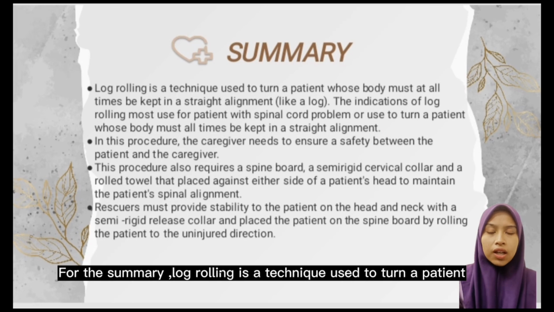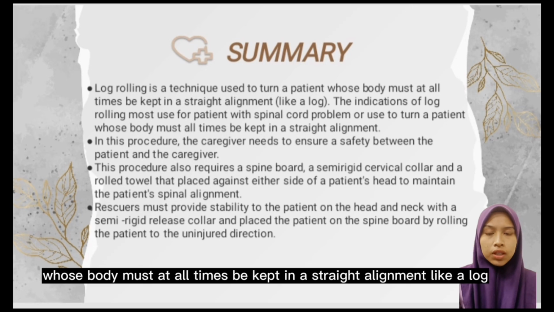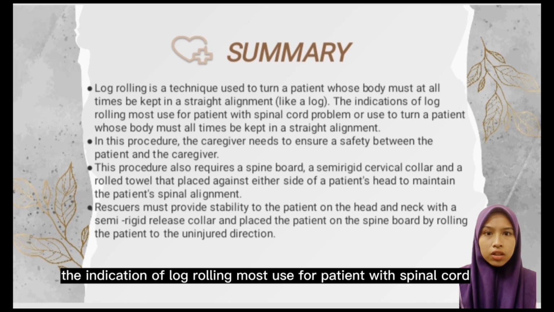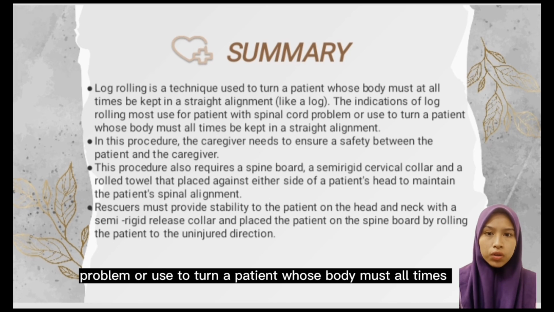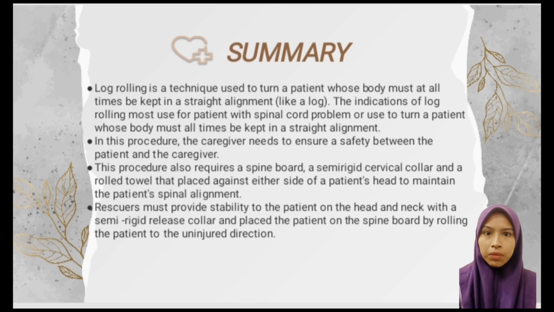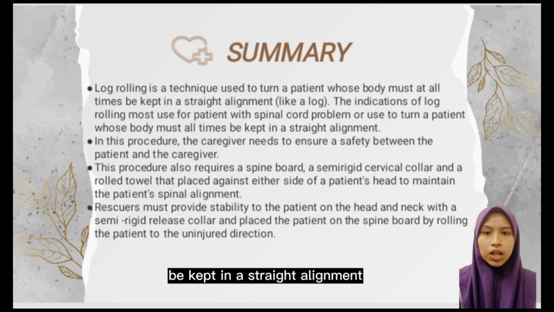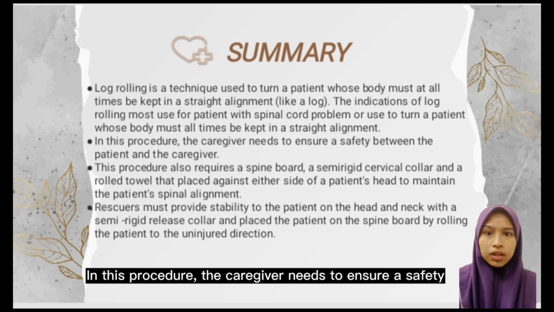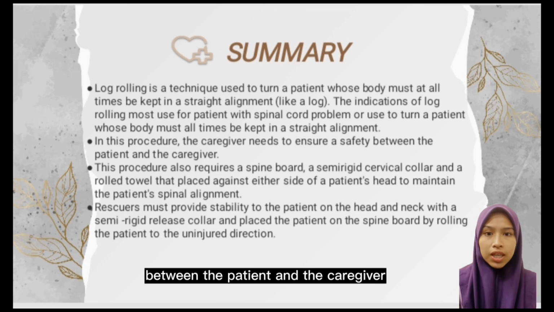For the summary, log rolling is a technique used to turn a patient whose body must at all times be kept in straight alignment like a log. The indication for log rolling is most often for a patient with a spinal cord problem, or to turn a patient whose body must at all times be kept in straight alignment. In this procedure, the caregiver needs to ensure safety for both the patient and the caregiver.